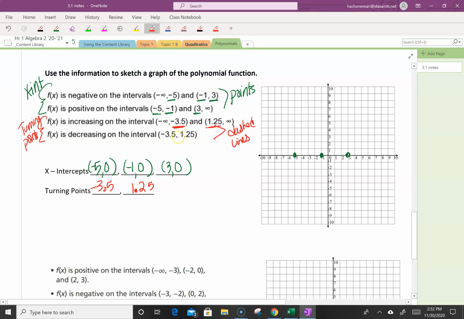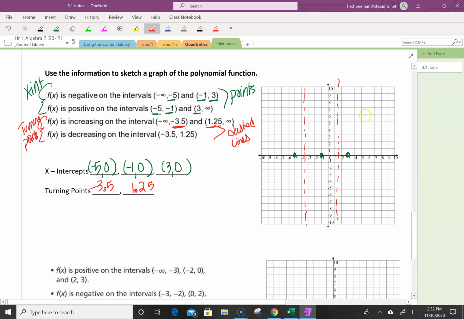And again, I can use increasing or decreasing because it's the same numbers. I just ignore the infinity. So now I'm going to draw a line at -3.5, which would be in between -3 and -4. And I'm going to draw a line at 1.25, which is going to be in between 1 and 2. Again, it's a sketch. This is not going to be exact.